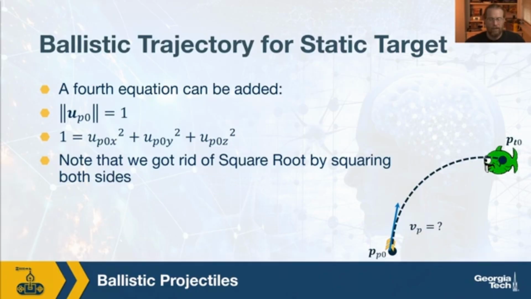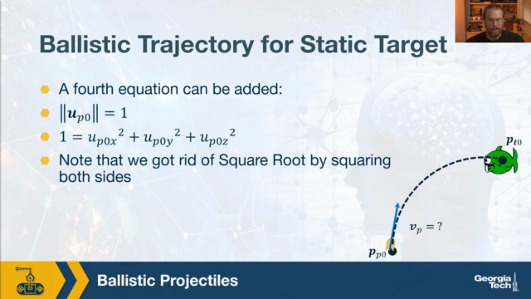Luckily we do have one, and we can get that from the fact that we know something about our u vector, and that being that it is a unit vector. That means that its magnitude is equal to 1. So using the equation for magnitude, the square root of the sum of squares of the x, y, and z terms would be equal to 1.